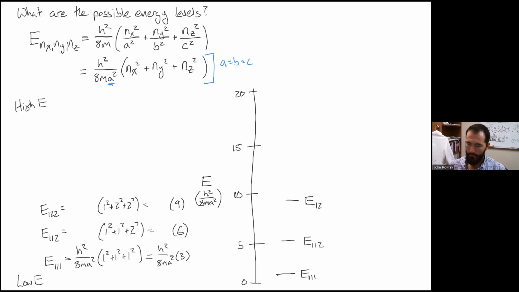The next highest level would be the E113: 1 squared plus 1 squared plus 3 squared, to give us a total energy of 11.